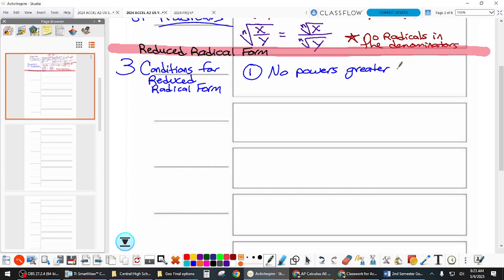We want no powers greater than n inside. What is n? N is the index. Okay? So if your index is 4, you better not have any powers greater than that inside.